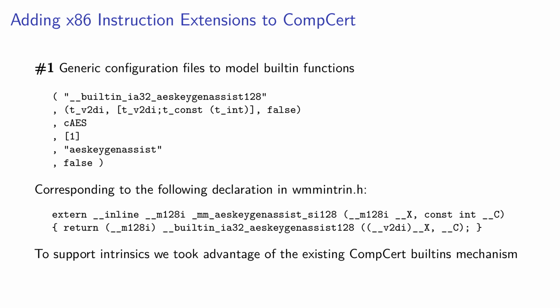Each entry in this file consists of the descriptor of the built-in, and in this descriptor we store all the relevant information about it: its name, its return type, and also the argument types, the class of the instruction, in the presented case the AES class, the number of immediate arguments, the assembly instruction itself for the printing stage, and a boolean value indicating if this is a to-address instruction.